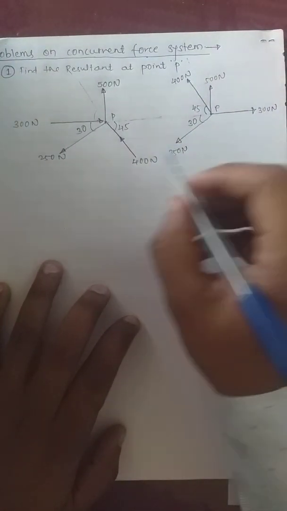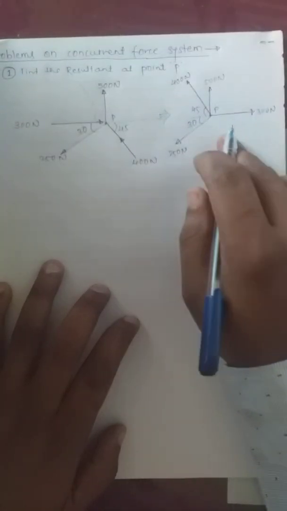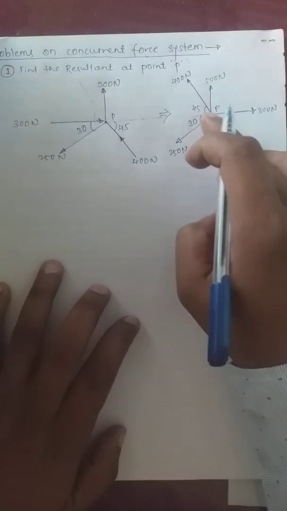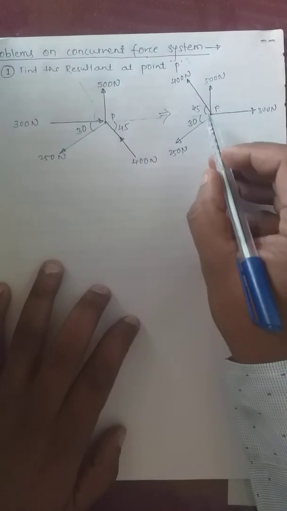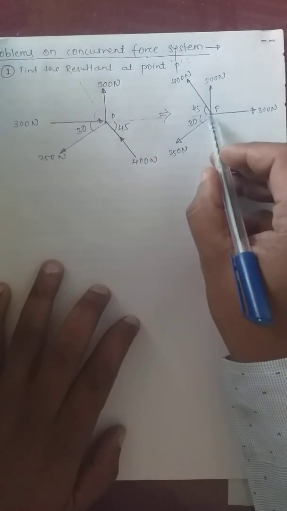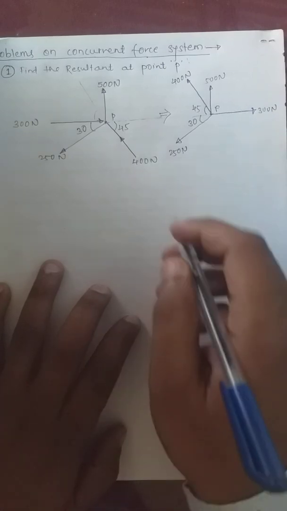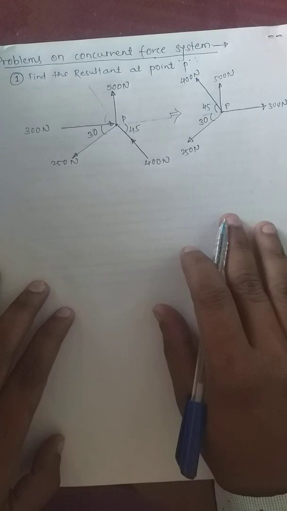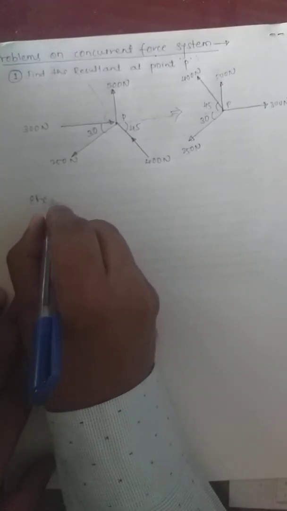Okay, so this is equivalent to this force system. So 300 Newton is exactly on the x-axis, 500 Newton exactly on the y-axis. The 400 Newton is making an angle of 45 degree with respect to the x-axis and 250 Newton is making an angle of 30 degree. Okay, now what we have to do is first find the summation of F of x.